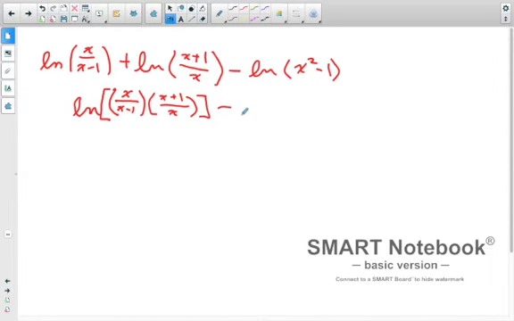Minus the natural log of x squared minus 1. Now, here we have a choice. We can either go ahead and get everything written as 1, or we can simplify down a little bit. And that's actually what I'm going to do here.